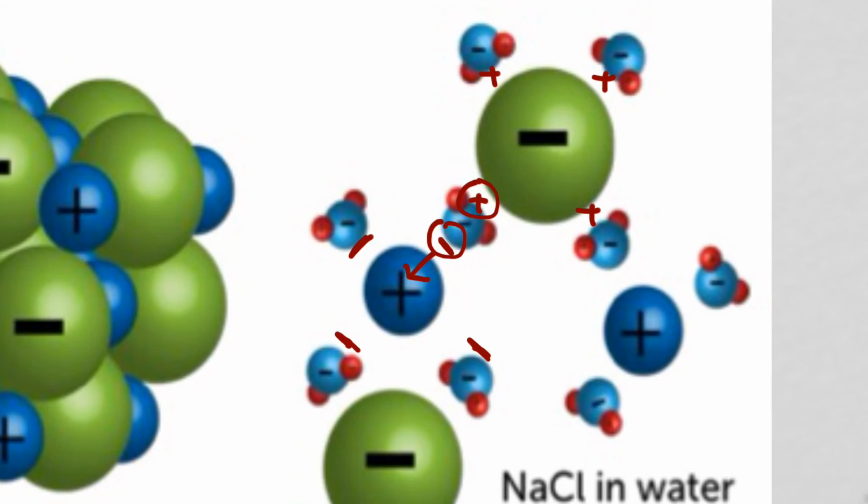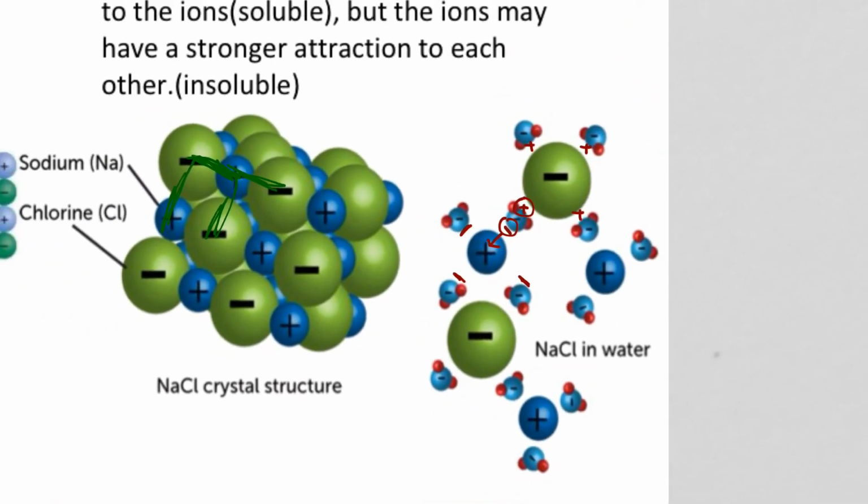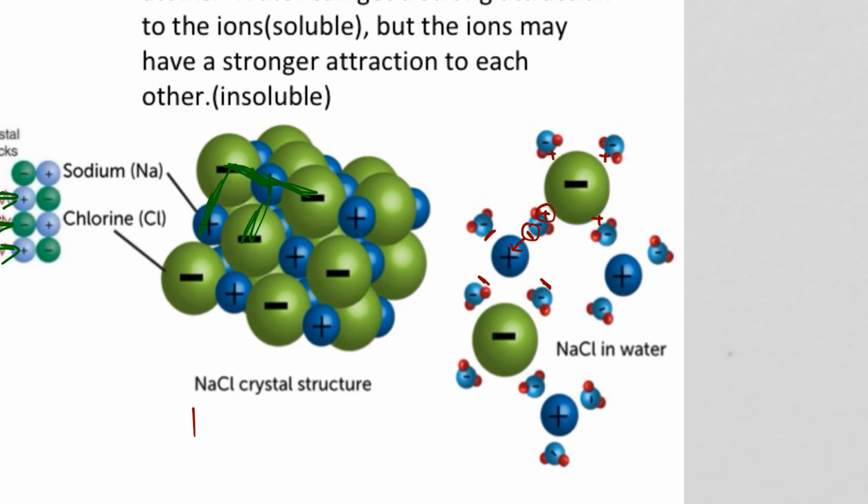And because there are often so many more water molecules than the ionic solid, that can have an overpowering force in order to do so. Now again, that's not always true. If we had something like our lead iodide that we talked about, where did we talk about that?